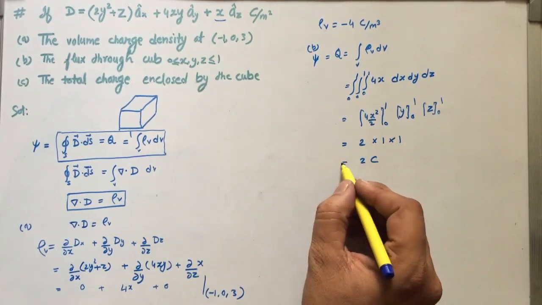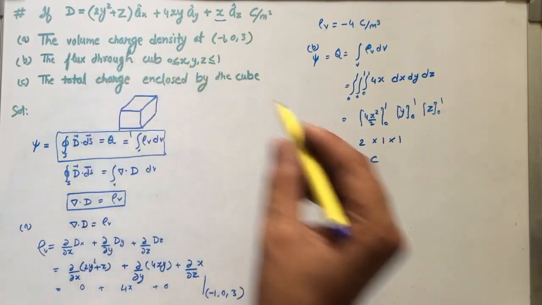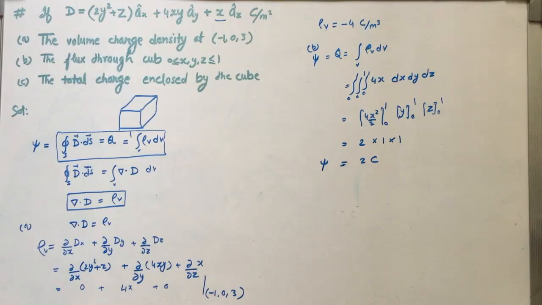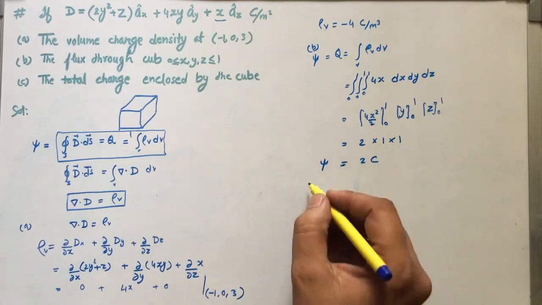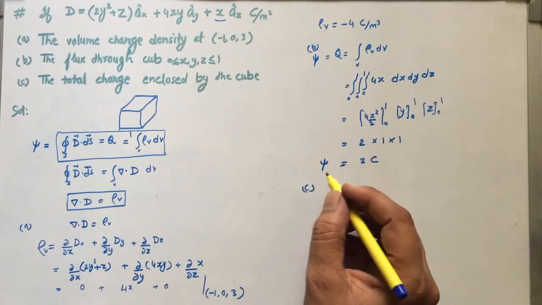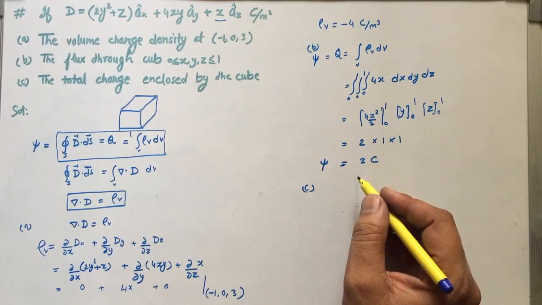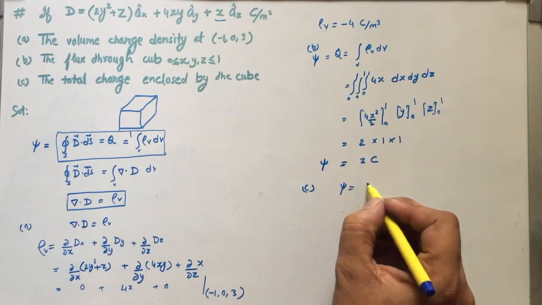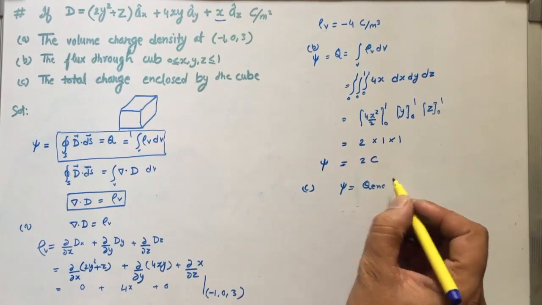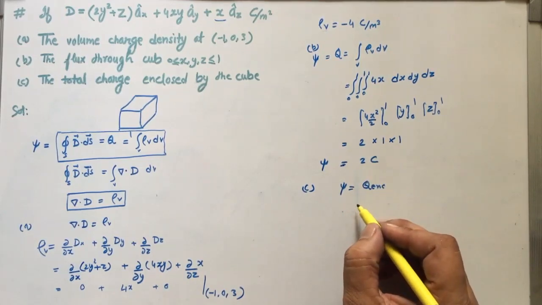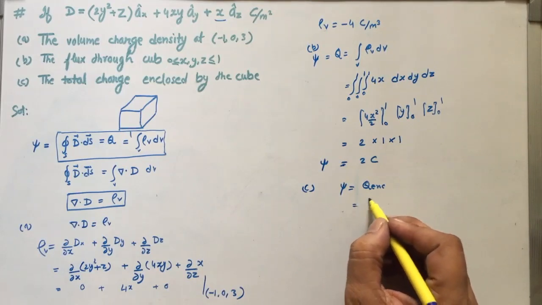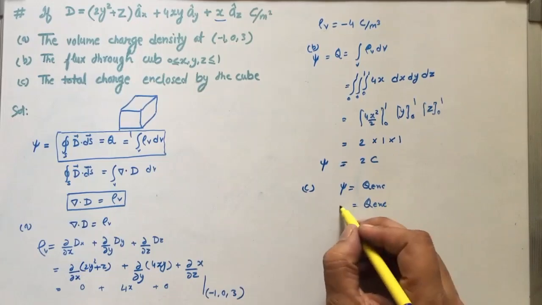That is the total flux through the cube. And the C part, the total charge enclosed by the cube: flux is equal to Q enclosed, so Q enclosed will be 2 coulomb.